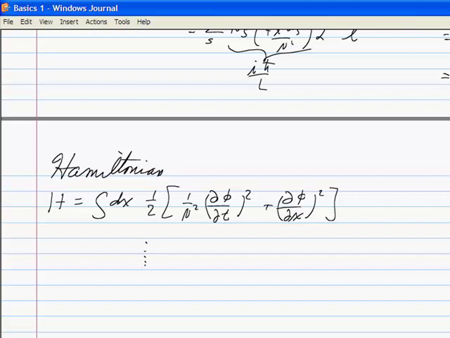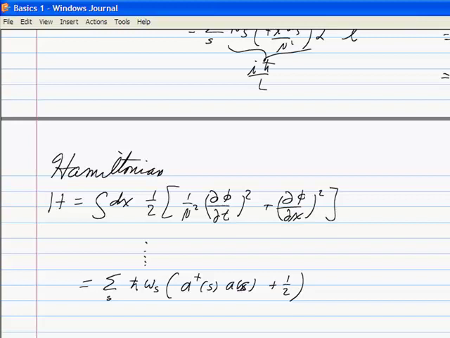But you do it, and a miracle occurs, and this turns into the sum over s of h bar omega_s, A dagger_s A_s plus 1/2.